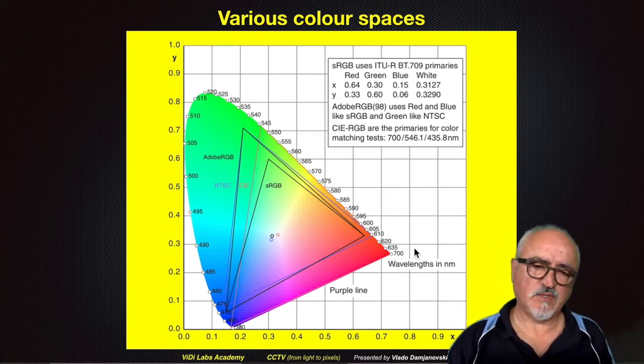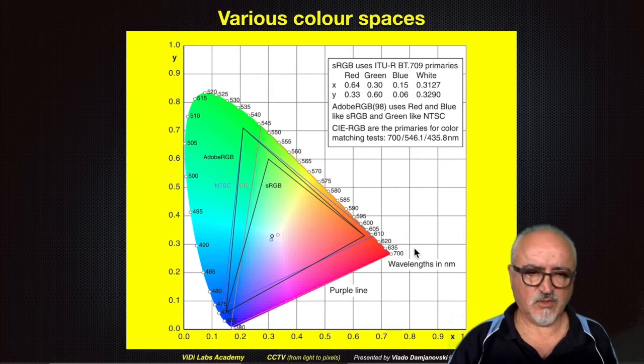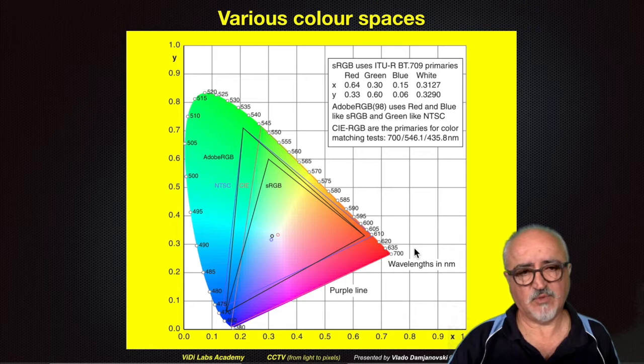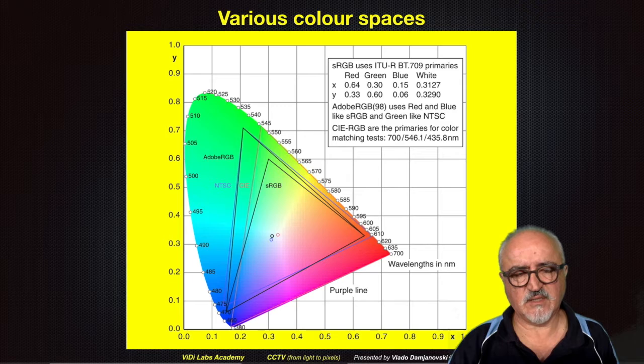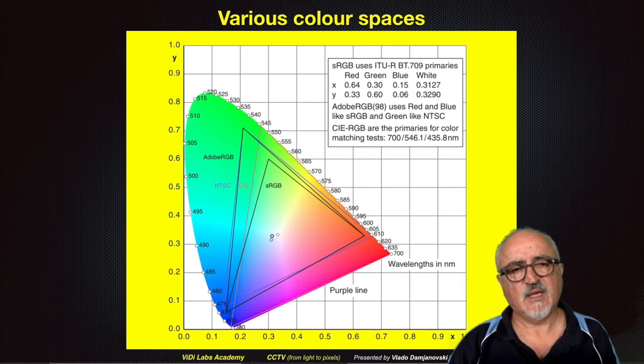So the shape of this curve is a little bit out of the scope of this video lecture to explain how that came to be, because it includes a lot of mathematical transformations between how human cones pick up the colors and how reference colors that were used to simulate any color in between were tested, and how we actually, with 3 possible primary colors, can produce any color in between.